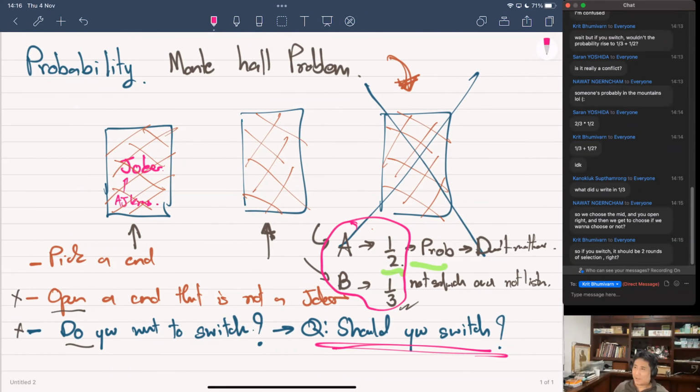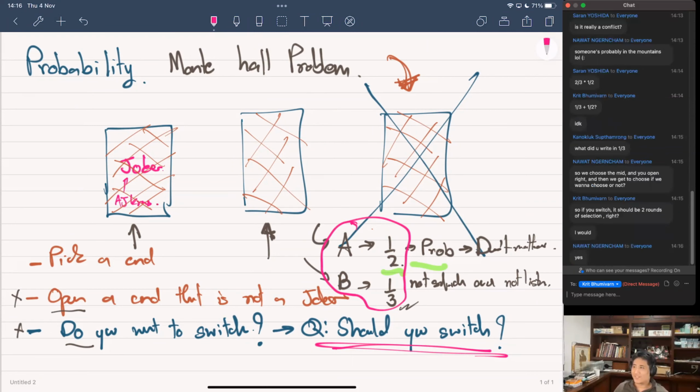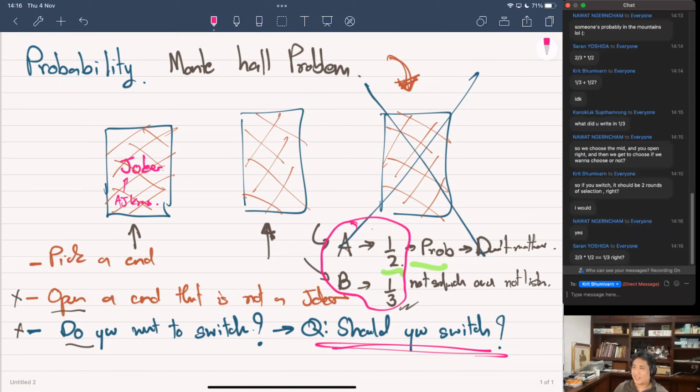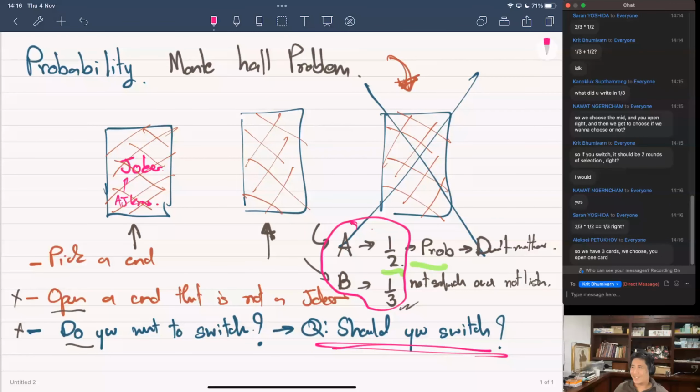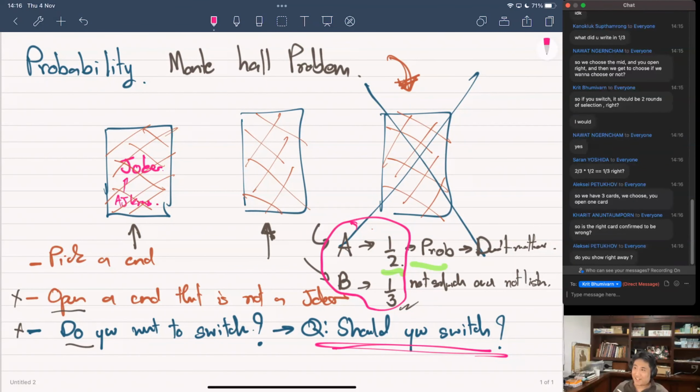Any questions about the rule though? Yes, you choose. I open one card and then I ask you, do you want to switch? Yes, the card I open is confirmed to be wrong by me, because I know which card has the joker, right?